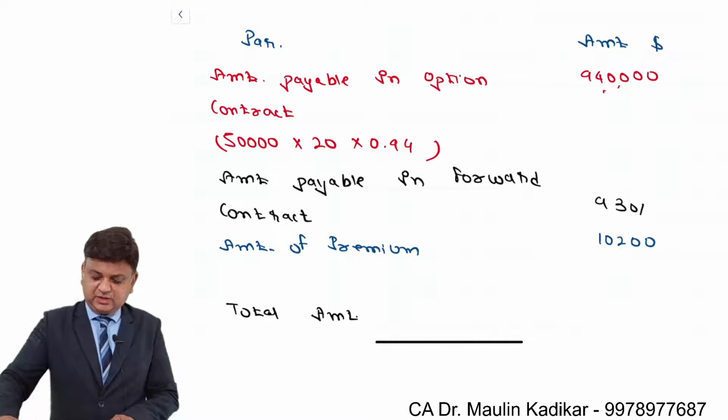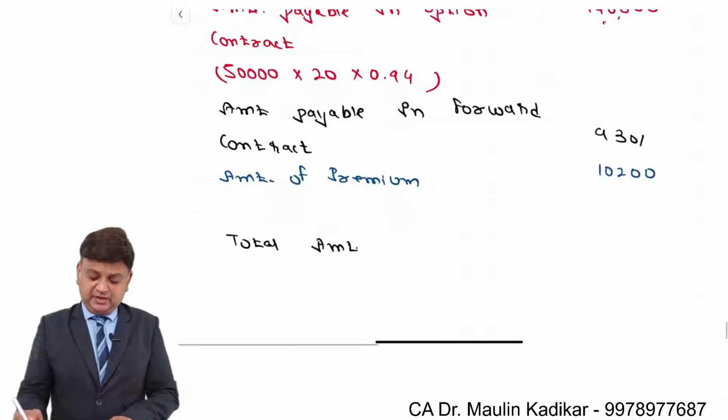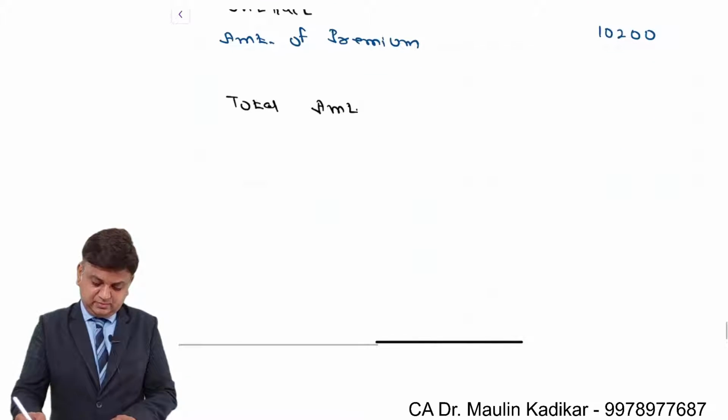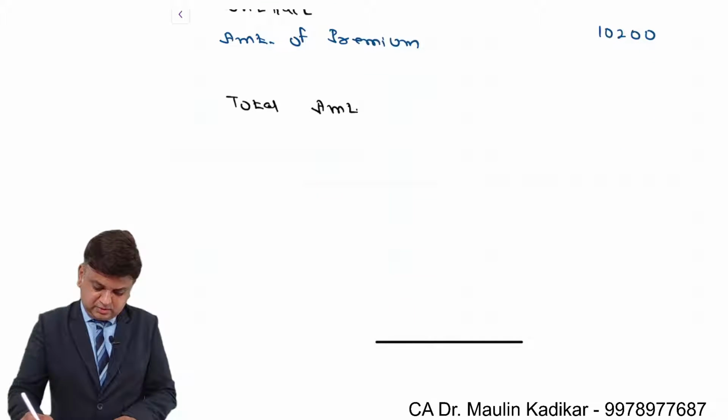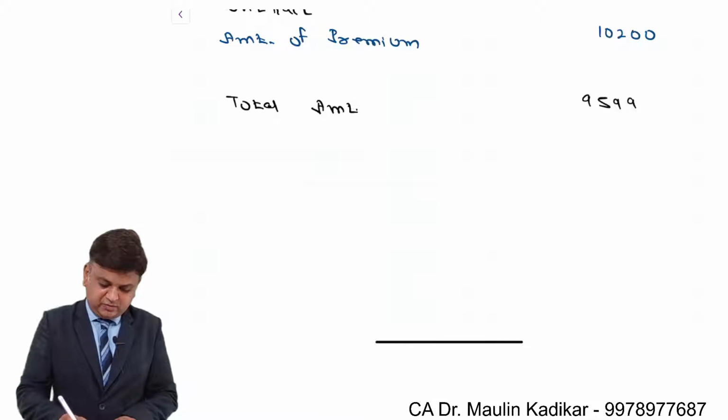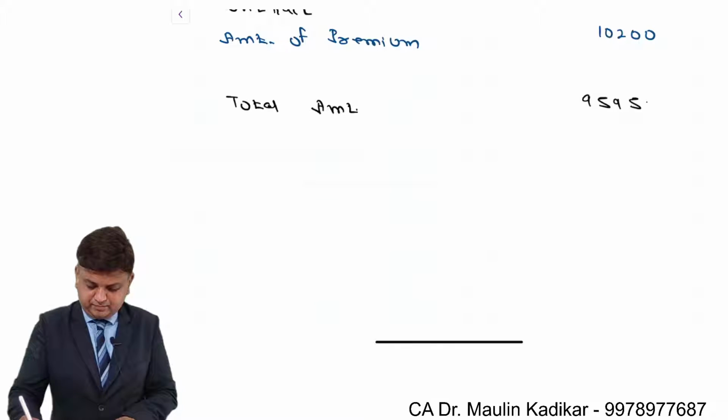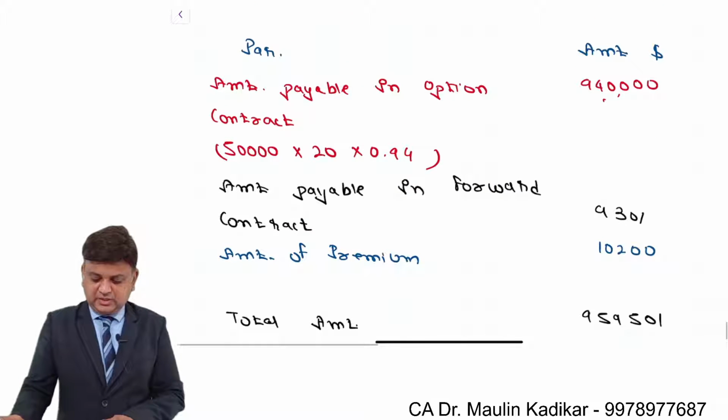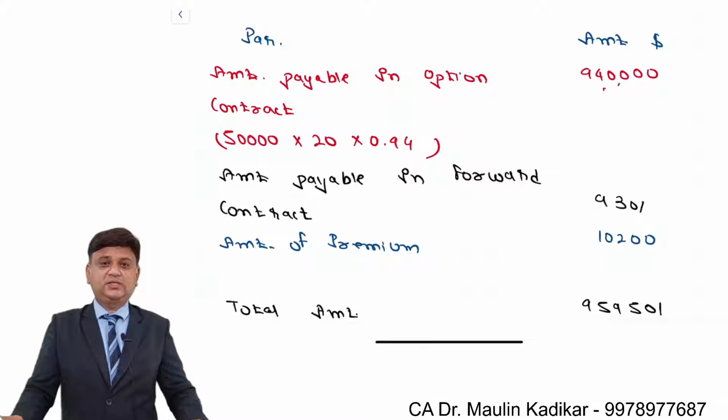It is 9,40,000 plus 9,301 plus 10,200. So 9,59,501. So over here 9,59,501. This is the amount that you have to pay in the same dollar currency.